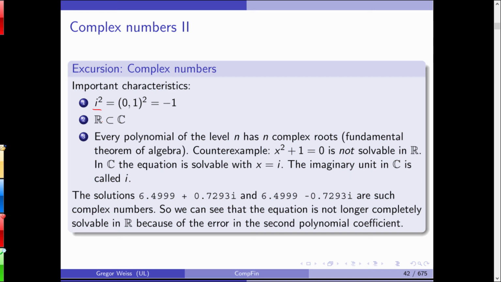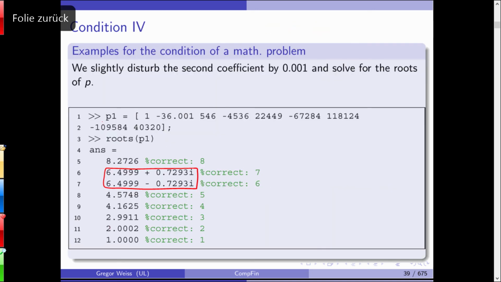Every polynomial of degree n has n complex roots. Counterexample, x squared plus 1 equals 0 cannot be solved in the real numbers, but it can be solved in the complex numbers. So if you take this polynomial, you will only know that it can have up to 8 zeros in the real numbers. But you know, as a result of the fundamental theorem of algebra, that it has exactly 8 zeros in the complex numbers. And this happens here.